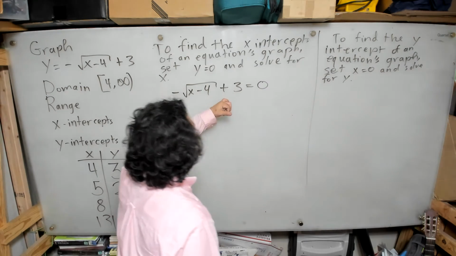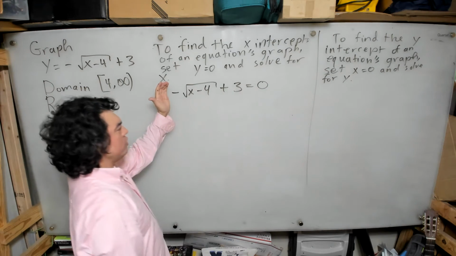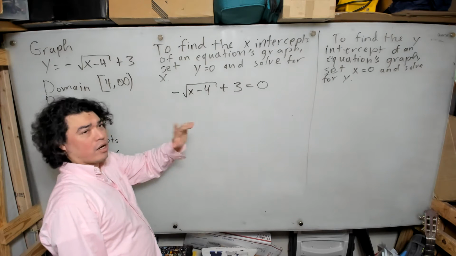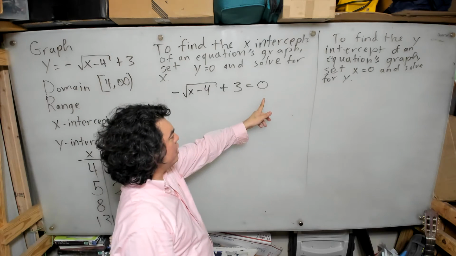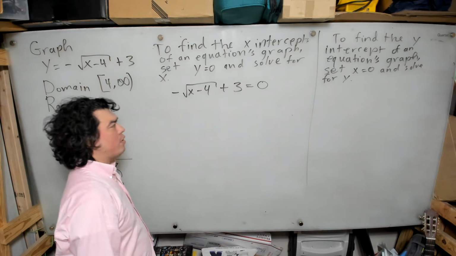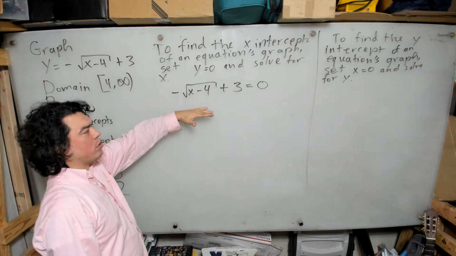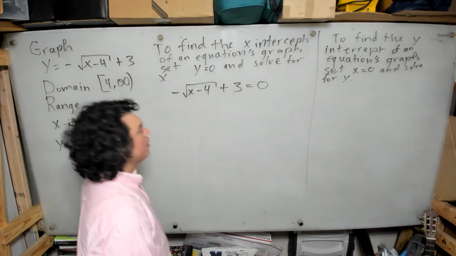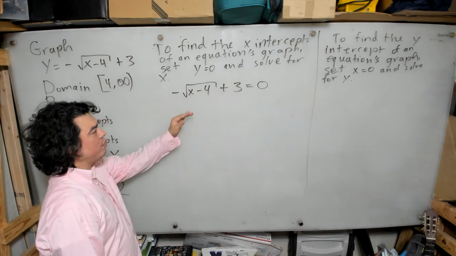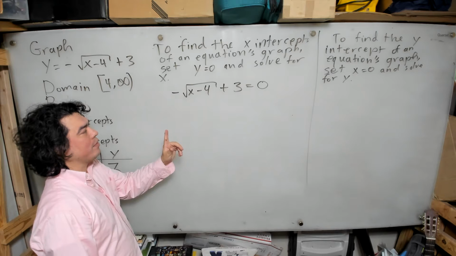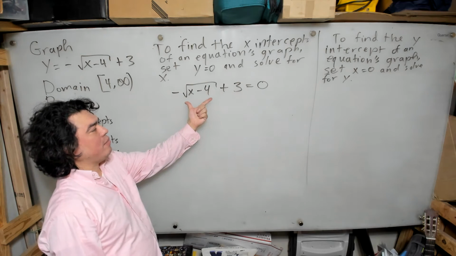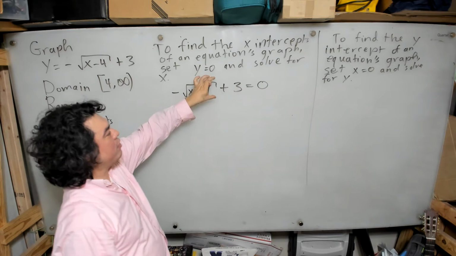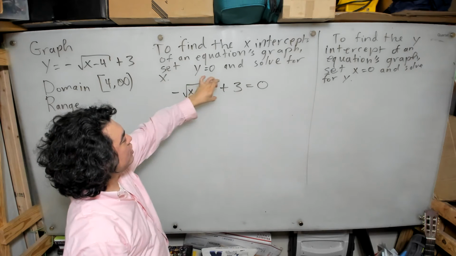So the first thing I'm going to do here is, if I'm looking at this equation, I want to get the square root term by itself. Now, what I could do is subtract the 3 to the other side, and I would have negative square root of x minus 4 equals negative 3. Then I would divide both sides by negative 1. But what I can also do is observe it for a moment and say, aha, this is some expression in x, but for any value of x, this is just a number.